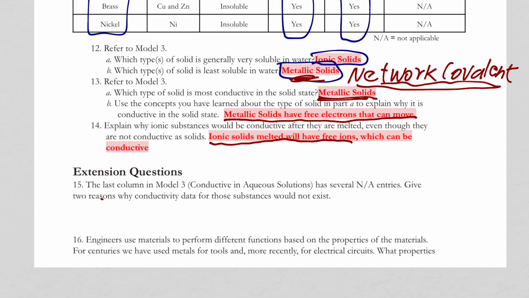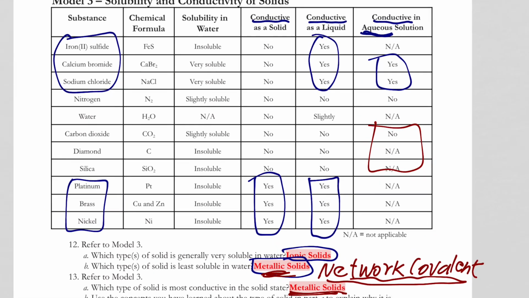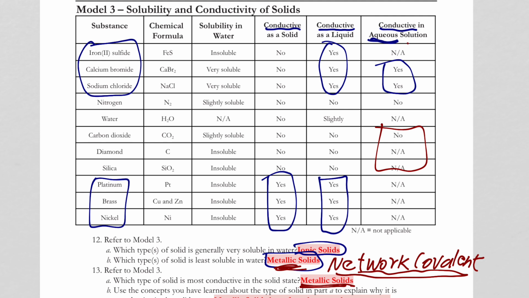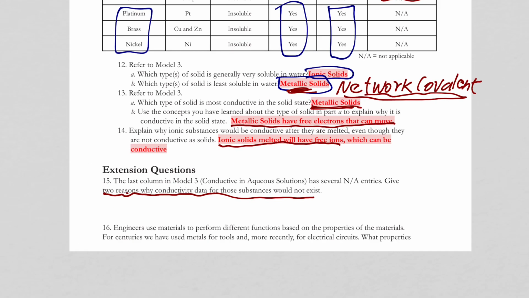So why would conductivity not exist for some of these data charts, if you look up here? For example, iron sulfide, if it doesn't dissolve, then therefore it cannot be tested to see whether or not it is conductive as an aqueous solution. The reason is that it could not be dissolved.